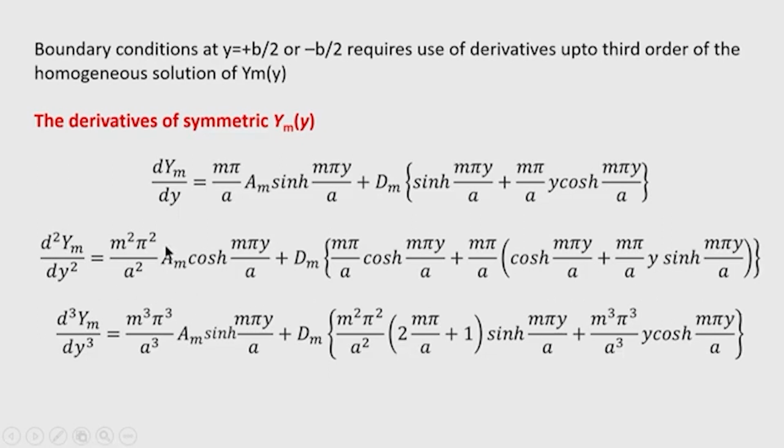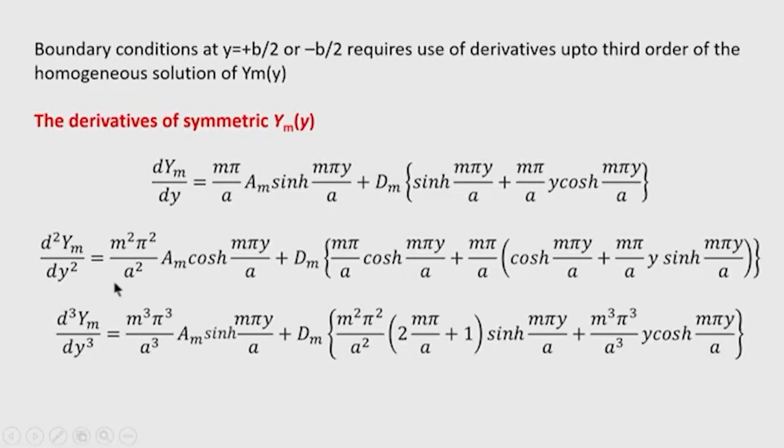It is required to impose the bending moment condition at the edges. For simply supported edges this is required, and also for spring supported edges we require the bending moment to be 0. So, this derivative is important.